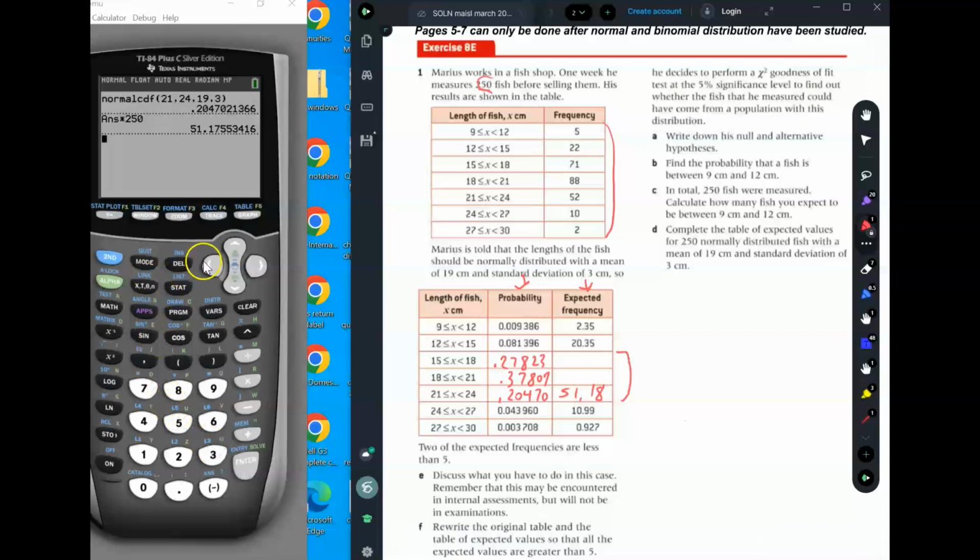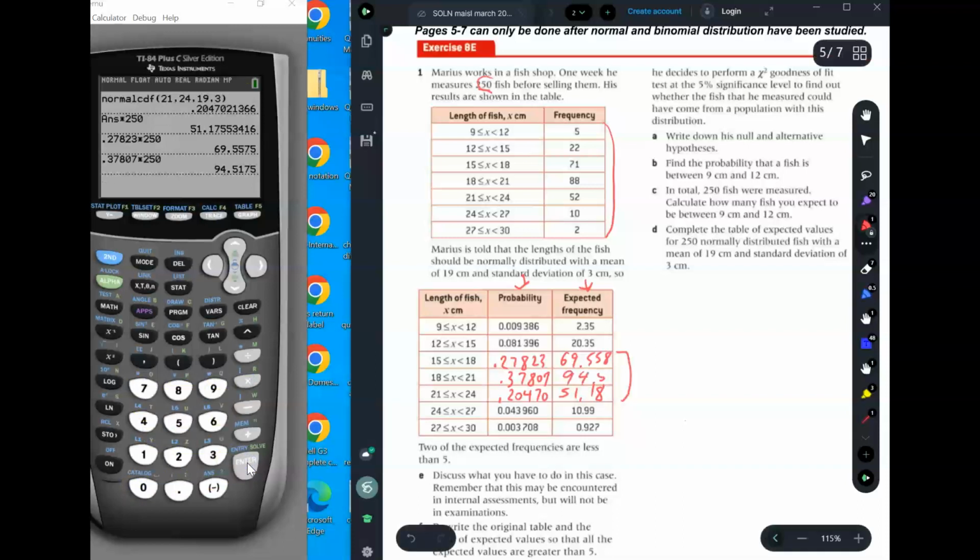And the other ones I did were 0.27823 times 250, which is 69.558, and 0.37807 times 250, and that would be 94.52.